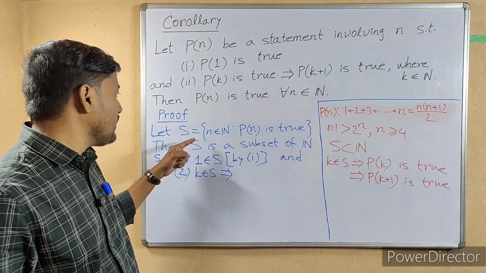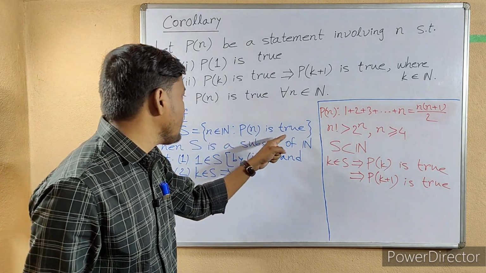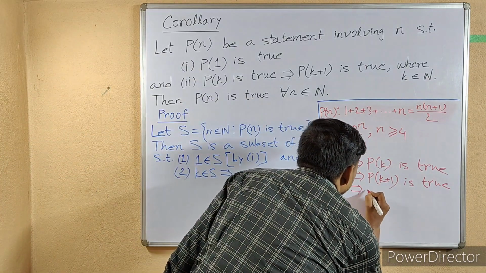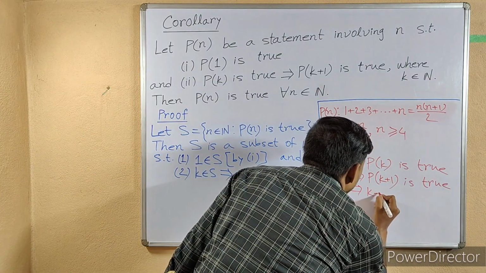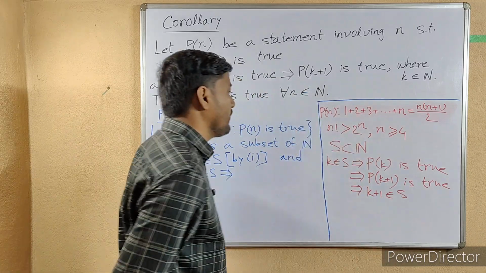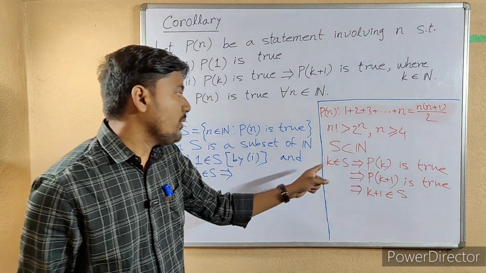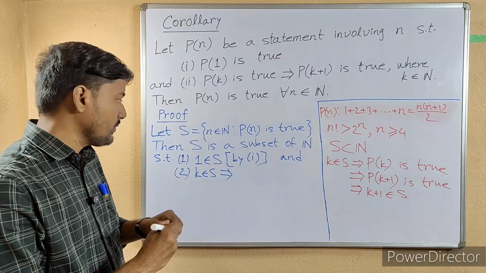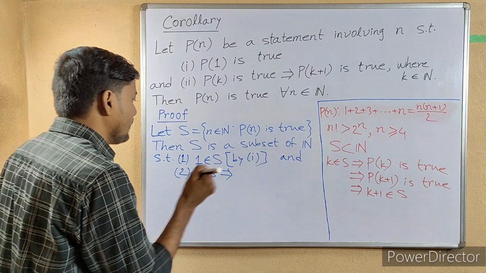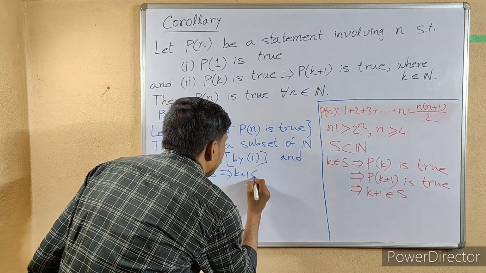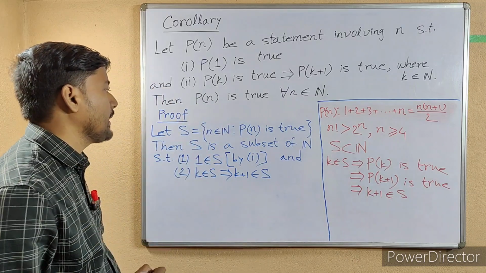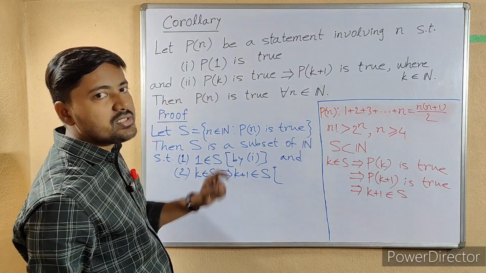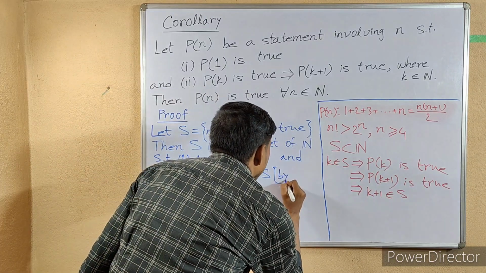Again, from here Pk plus 1 is true implies k plus 1 belongs to S. So we have k belongs to S implies k plus 1 belongs to S, and this is obtained by the second given condition, that is by the condition 2.